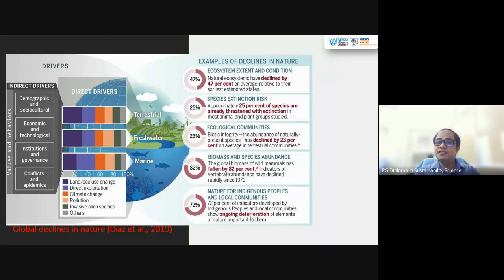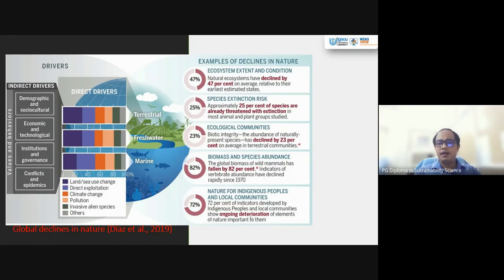Then species extinction, also reflected in this publication: approximately 25% of species are already threatened with extinction, right? In the same way, ecological communities have declined by 24%, and 23% and 82% in biomass and species abundance. On the other hand, indigenous peoples and local communities play an important role.